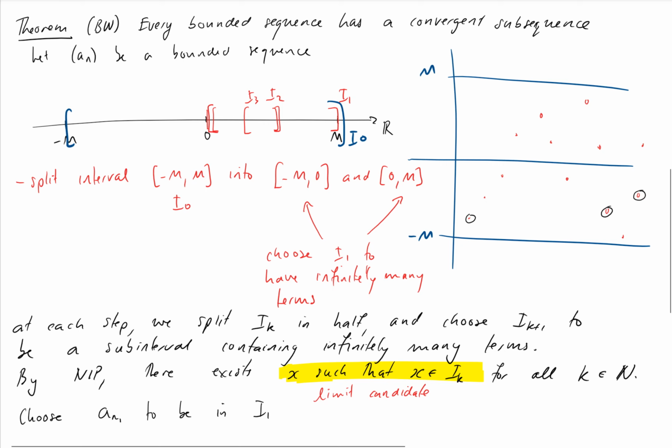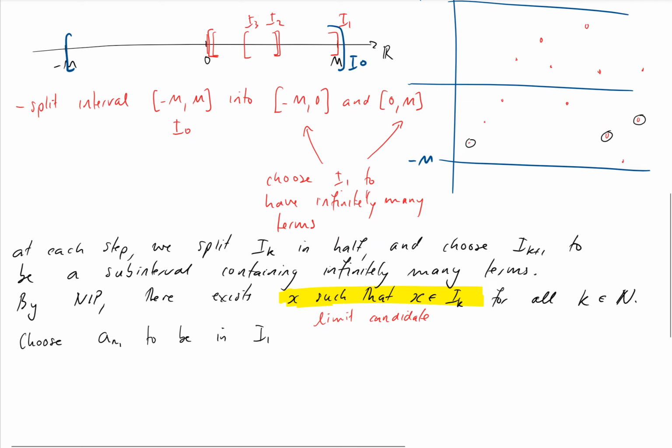Okay, so that's easy enough. So now we're building our subsequence. We're going to choose a_{n2} to be in I2 with n2 bigger than n1. Note, because we have infinitely many terms in there, this is always going to be possible.